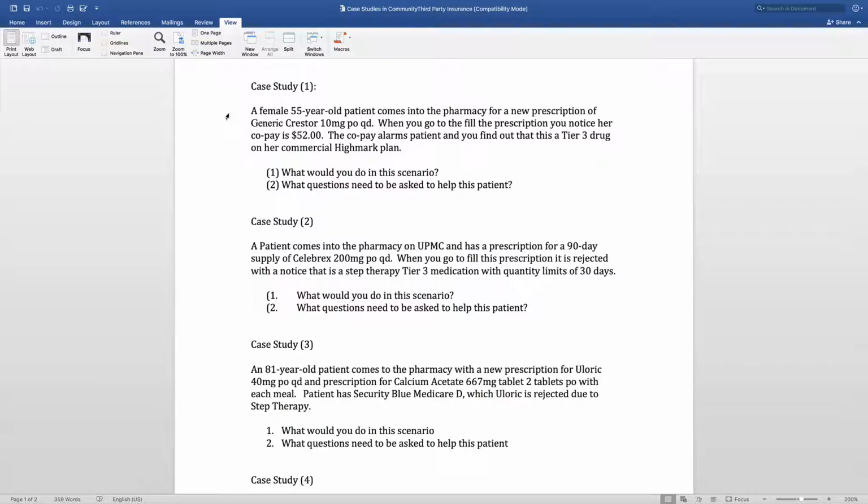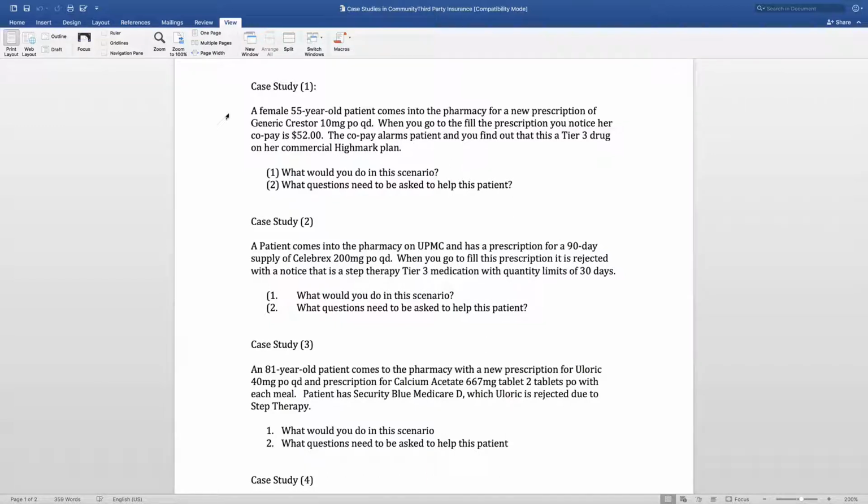If you remember from the third-party insurance lecture, I talked about how there are various different tiers. Usually a plan is either a 4-tier or a 5-tier plan. Usually the first tier is the cheapest generics. The second tier is either the more expensive generics if it's a 5-tier plan, or preferred brands.